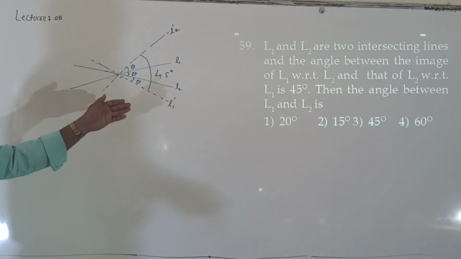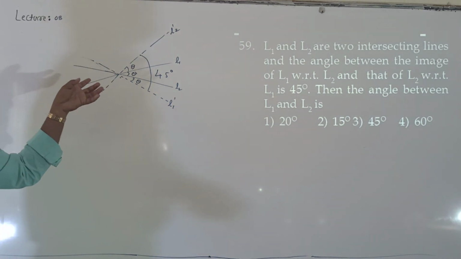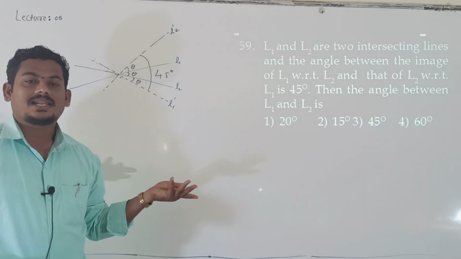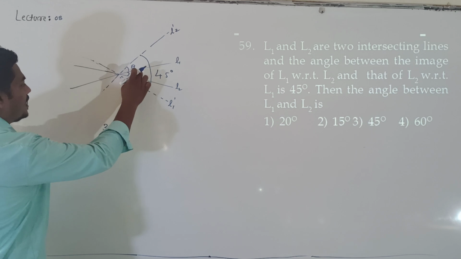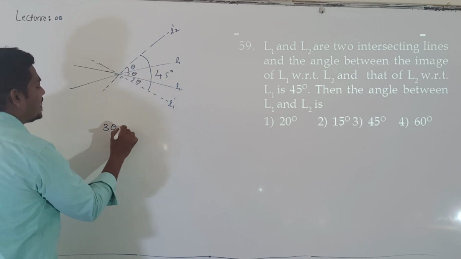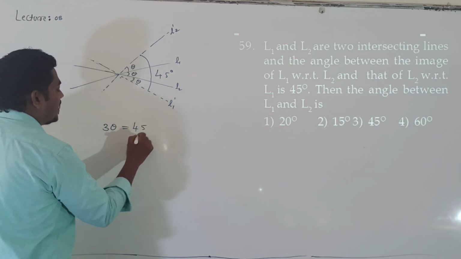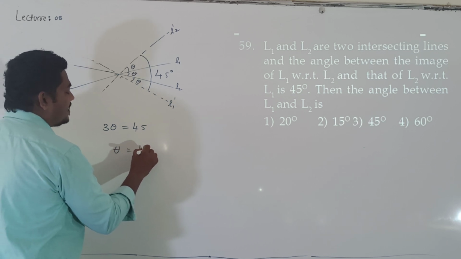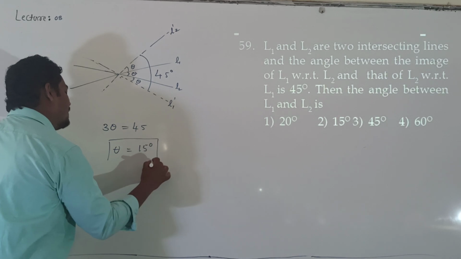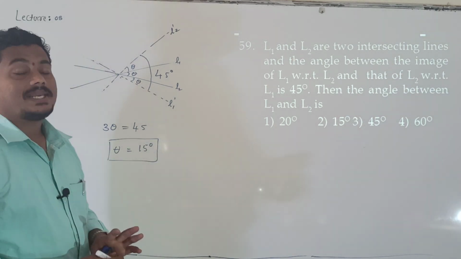If the angle between L1 and L2 is theta, then their images also make the same angle, right? Meaning 3 theta is equal to what they have given, 45. Then theta is equal to 45 divided by 3, meaning 15 degrees. The angle between the given two lines is 15 degrees.